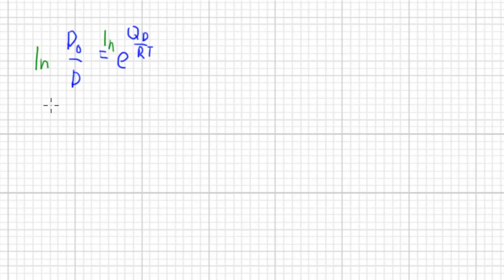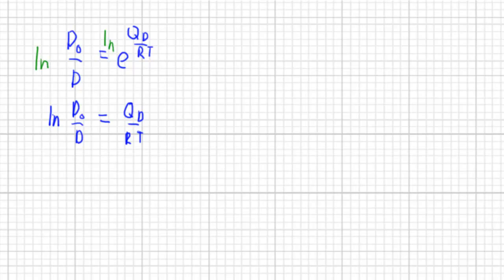So take the natural log of D naught over D, and the natural log of e to the QD over RT is simply QD over RT.